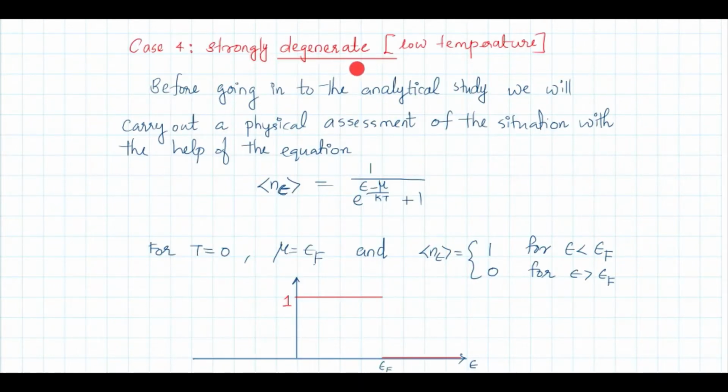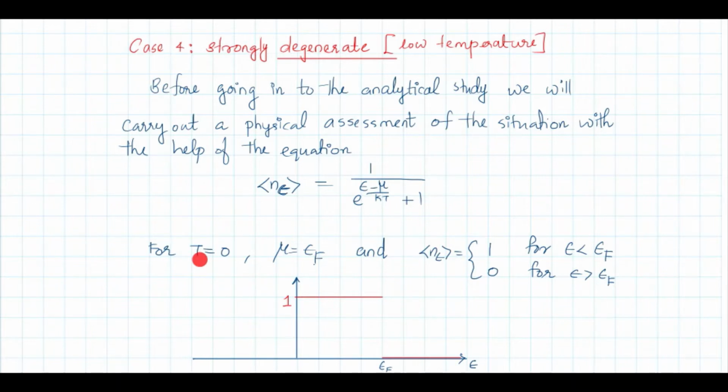Before going into the analytical study, we will carry out a physical assessment of the situation with the help of this equation. This is the occupation number in an energy level with energy E, given by 1 by (exponential of (E minus mu) by kT, plus 1).